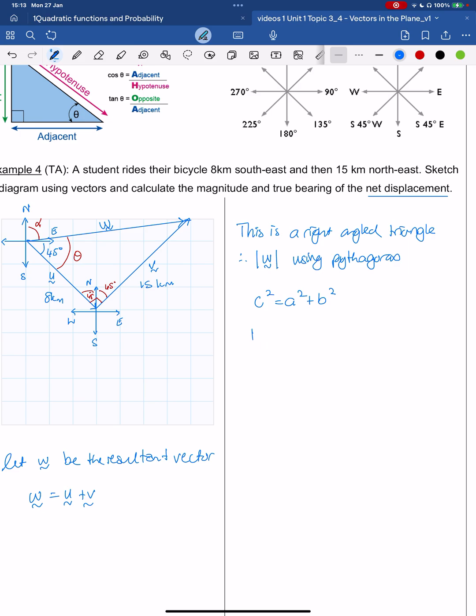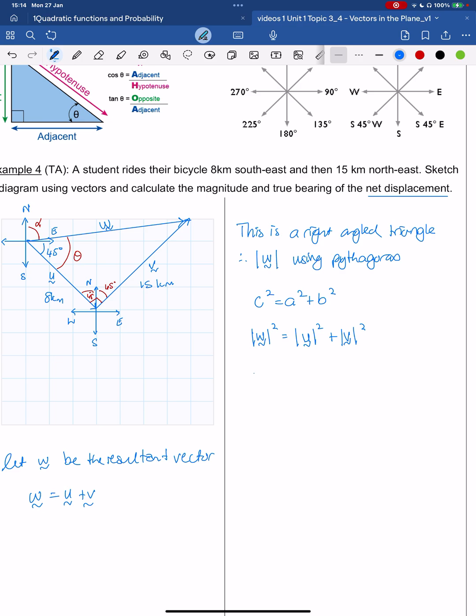So that means I've got my magnitude of my vector W squared is my magnitude of U squared plus my magnitude of V squared.